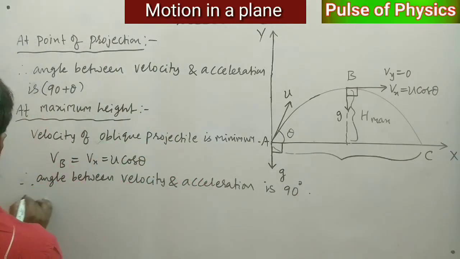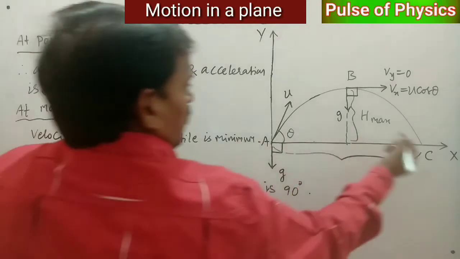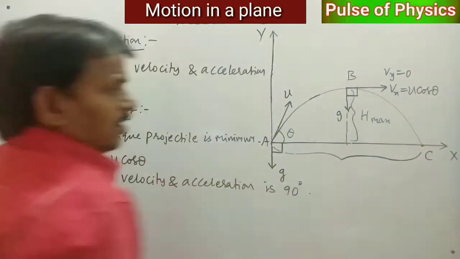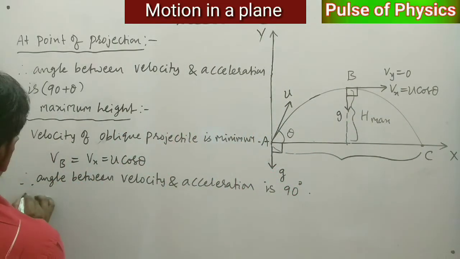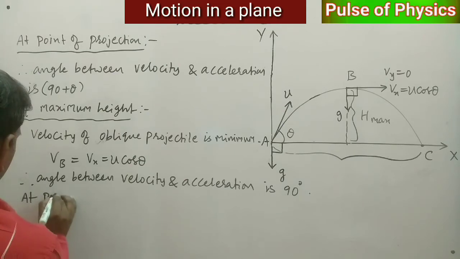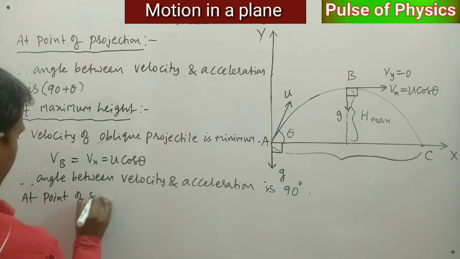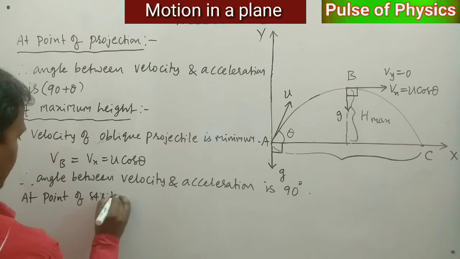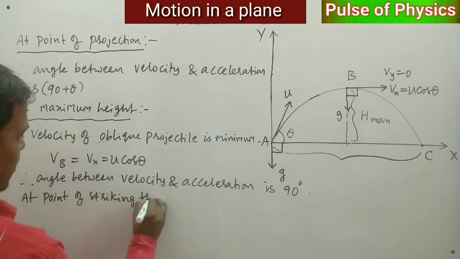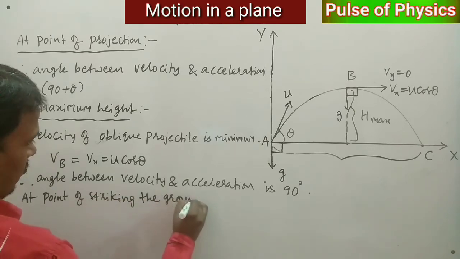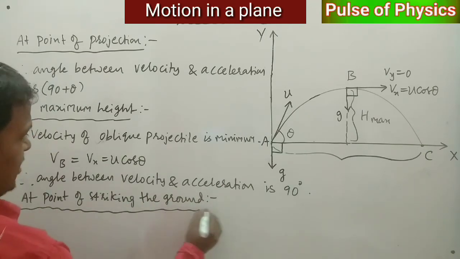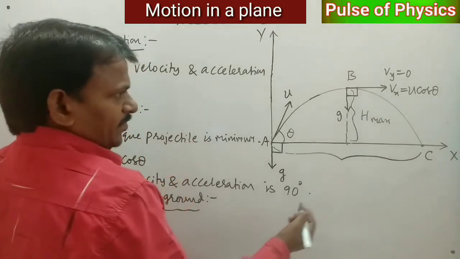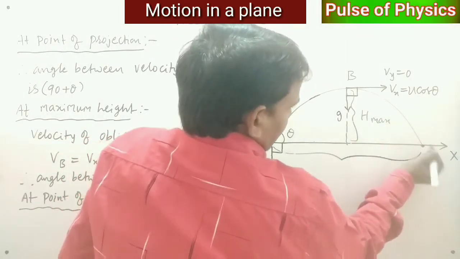Next, at the point of striking the ground, the velocity will be along the tangent at this point.